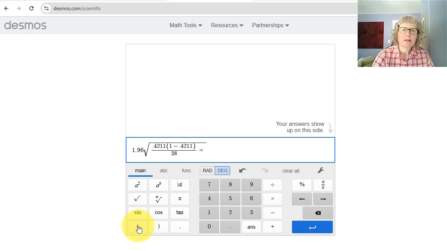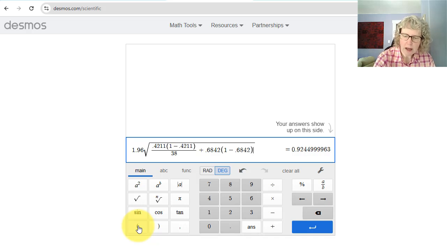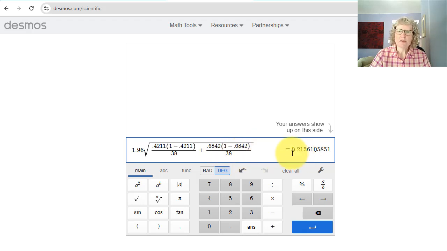Now I can do 0.6842 parentheses 1 minus 0.6842 close parenthesis divide by 38. Okay, let's just proofread this whole thing. So 1.96, 0.4211, 1 minus the same thing over 38, 0.6842, 1 minus the whole thing over 38. Okay, great. And so this gives us our margin of error over on the right, 0.2156.